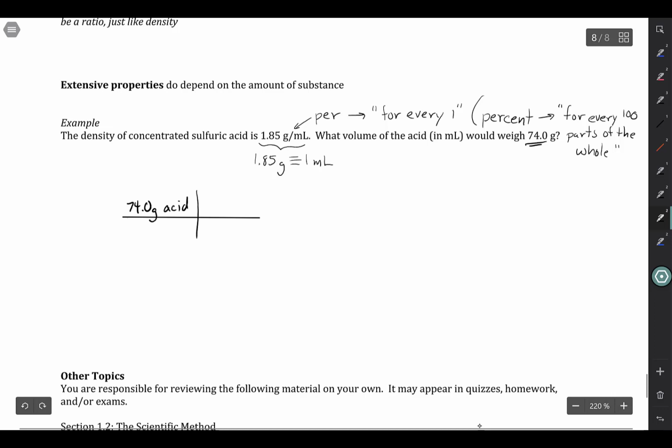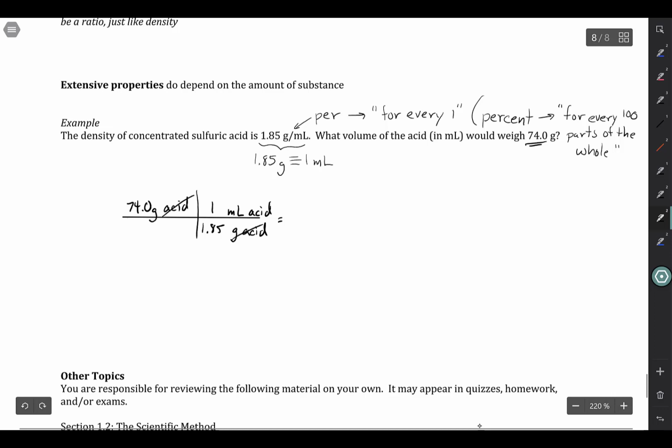Vitally important that the units cancel, so we want grams in the denominator. Grams of acid, so 1.85 grams for every 1 milliliter of acid. So let me go ahead and cancel that out.